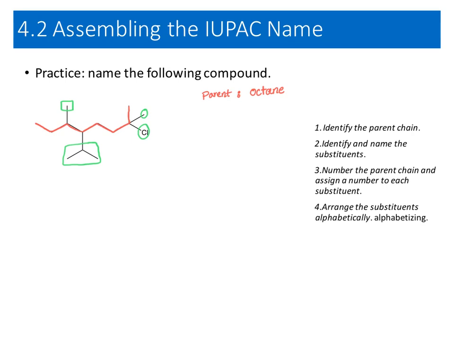Based on the numbering rules, I need to number the parent chain in a way that the first substituent gets the lowest number possible. So if I start numbering through this route, the first substituent would get number 2. However, if I start numbering from this route, the first substituent would get number 3. Therefore, the best way of numbering would be from right to left.